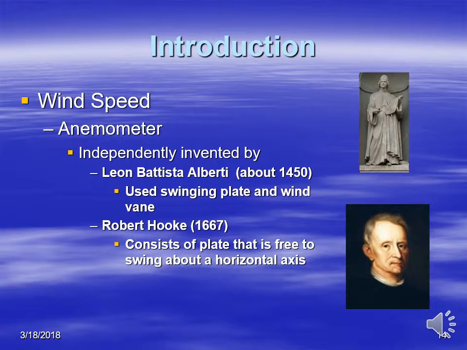One was Leon Battista Alberti, who came up with the swinging plate in 1450. And independently, Robert Hooke, who worked with Robert Boyle, came up with the same concept, the swinging plate, and used that to measure the wind. He did that in 1667.